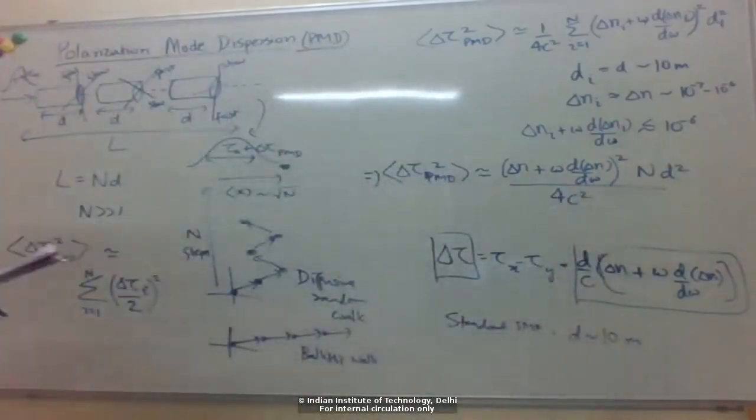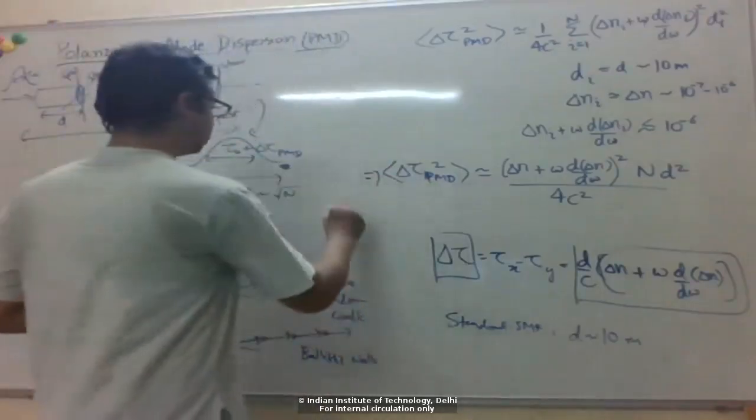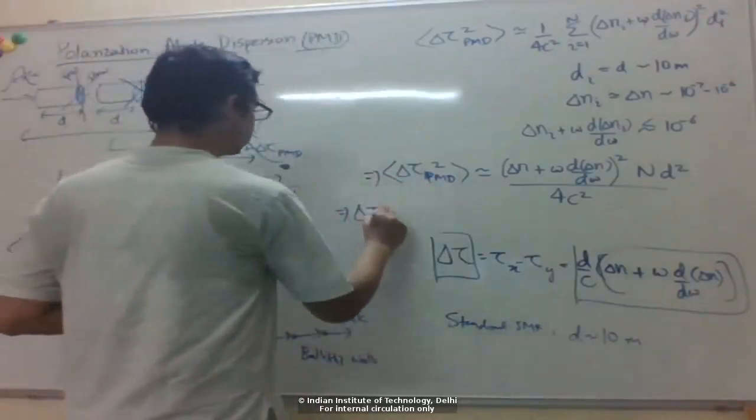Then we just take the square root for the broadening.